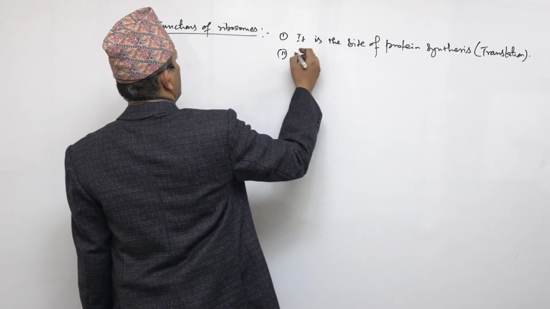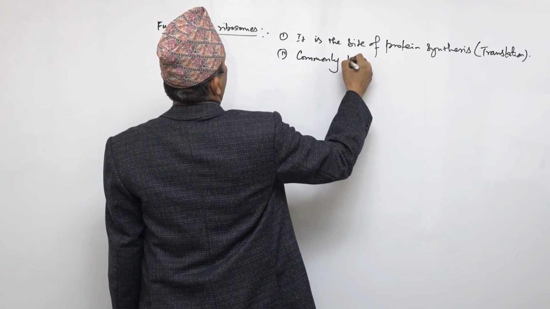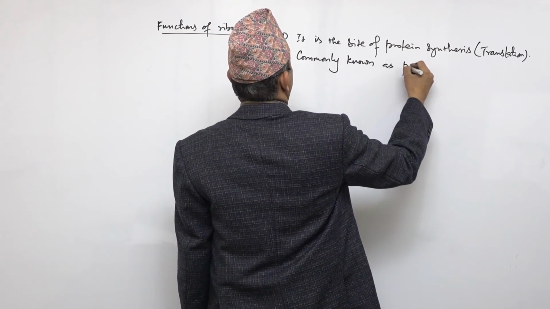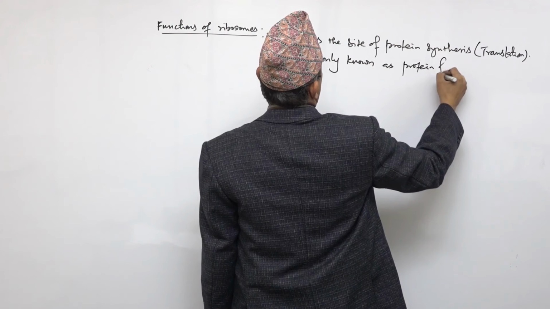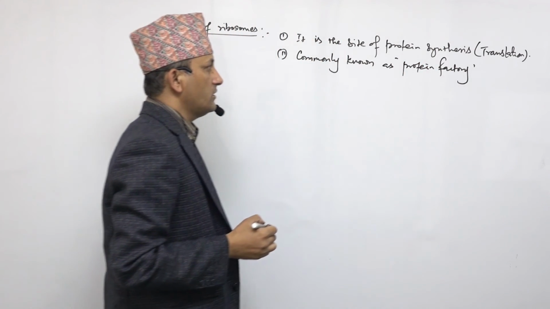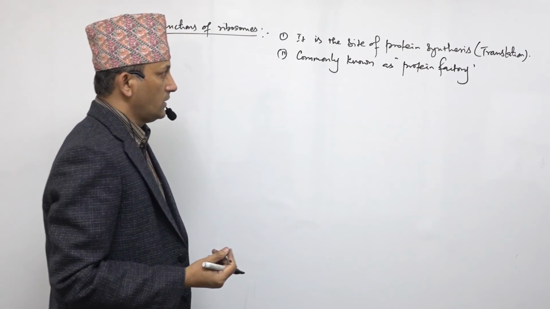That's why ribosome is commonly known as protein factory. Protein factory भनेर पनि भन्ने गरिन्छ राइबोसोमलाई. Why? Because in this factory protein is synthesized.